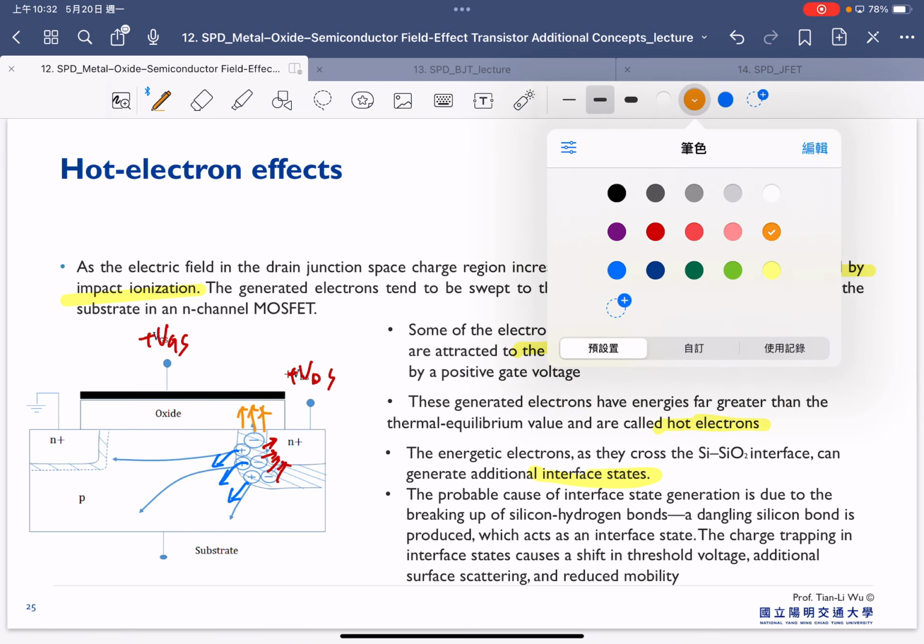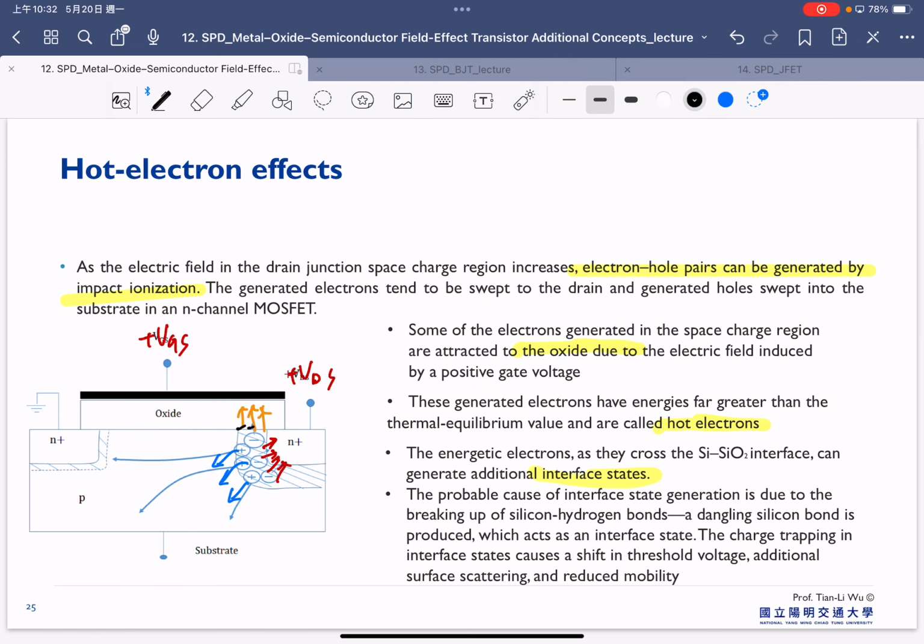So therefore, lots of interface states can be generated at this location. The proper cause of interface state generation is the breaking of silicon-hydrogen bonds. So that's the case in silicon. And a dangling silicon bond is produced, which acts as an interface state. And the charge trapping in the interface state causes a shift in the threshold voltage here.